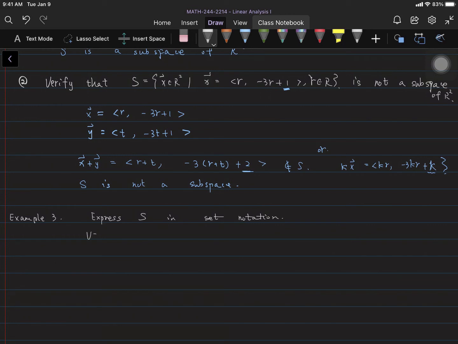If we have a vector space which is R2, and S is the set of all vectors (x, y) in the vector space satisfying this condition, 5x plus 2y equals 0. Okay, so let's write down set S in set notation.